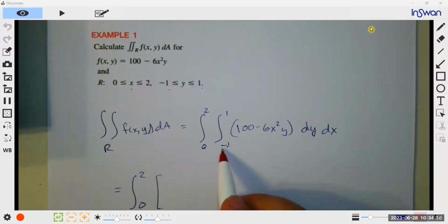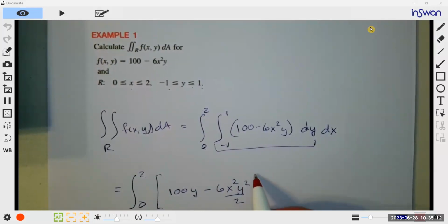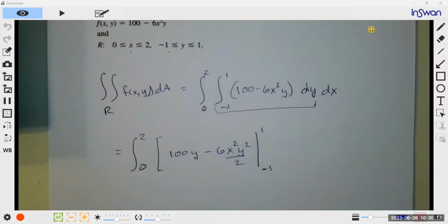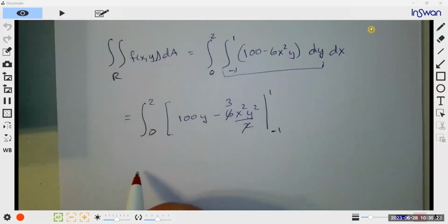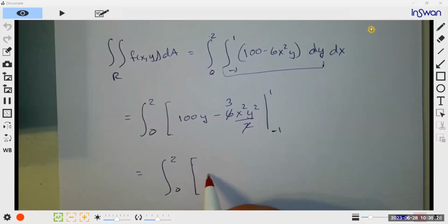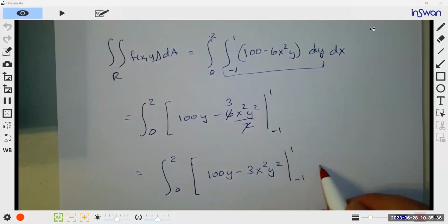So let's integrate with respect to y first. 100y minus 6x squared. Integral of y is y squared over 2. So that simplifies. So we get 100y minus 3x squared y squared from -1 to 1.